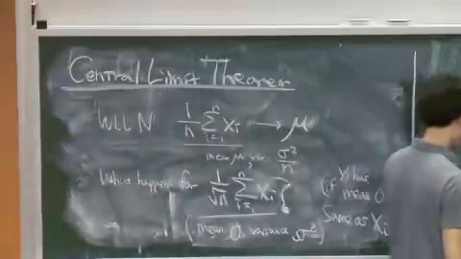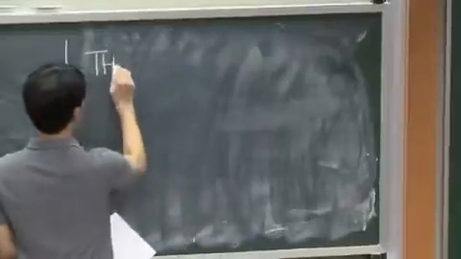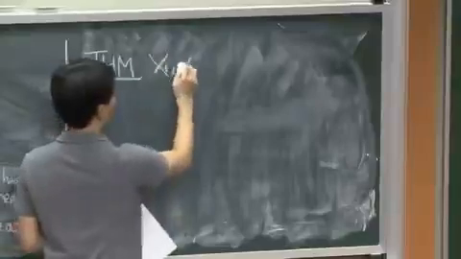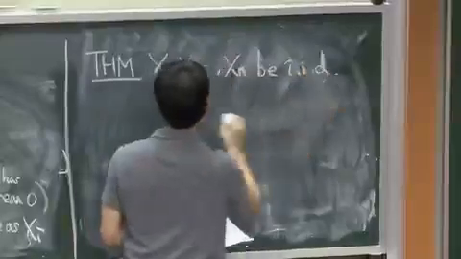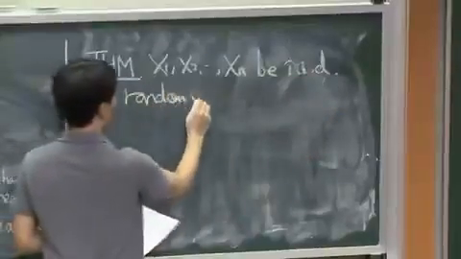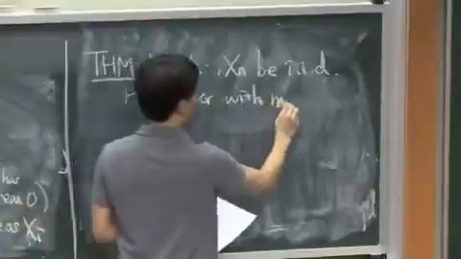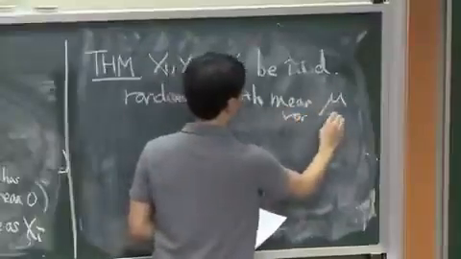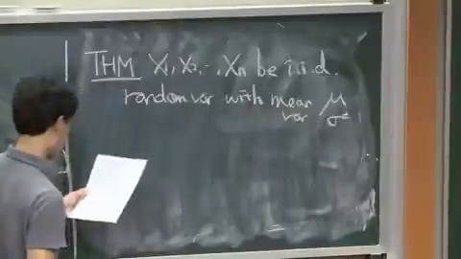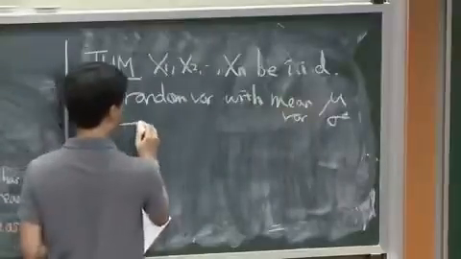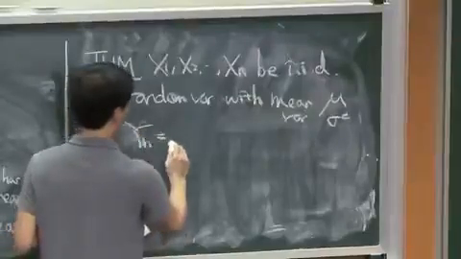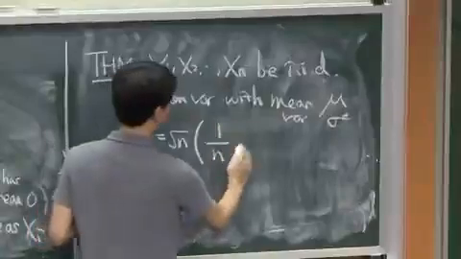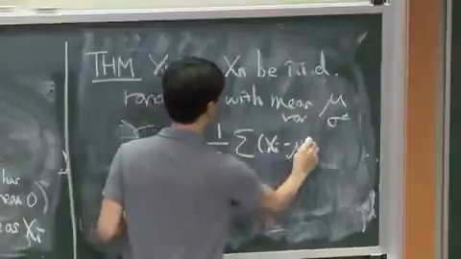Okay. So, theorem. Let x1, x2, up to xn be IID random variables with mean, this time mu, and variance sigma square. And let yn be square root n times (1 over n times the sum of xi, minus mu).